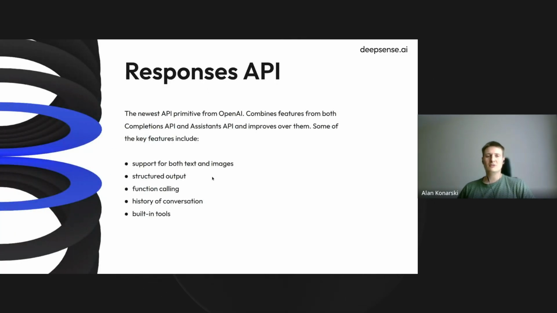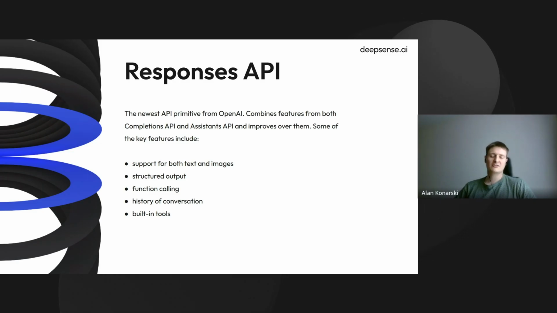This is the newest API primitive from OpenAI, and it takes features both from the good old completions API and assistants API, and slightly improves over them. Some of the key features in this new API are the same as in these previous ones, such as support for both text and images, structured output, and function calling.